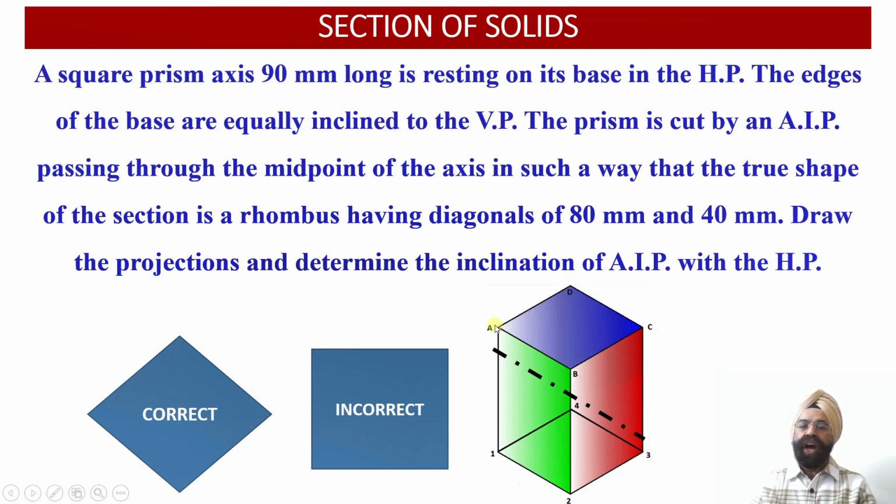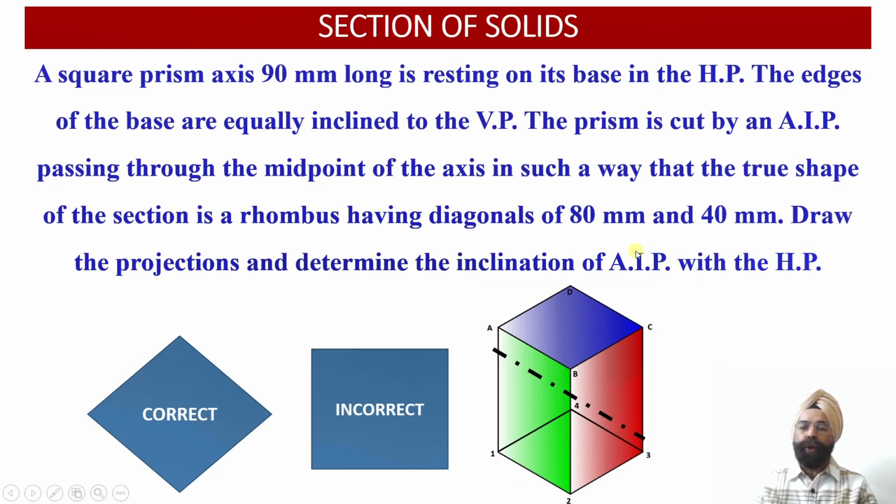Now how do we obtain the true shape of the cut section as a rhombus having diagonals 80 millimeter and 40 millimeter? Within this we have been provided with the information to obtain the orientation of the AIP, and even the edge of the base we can locate using this information.